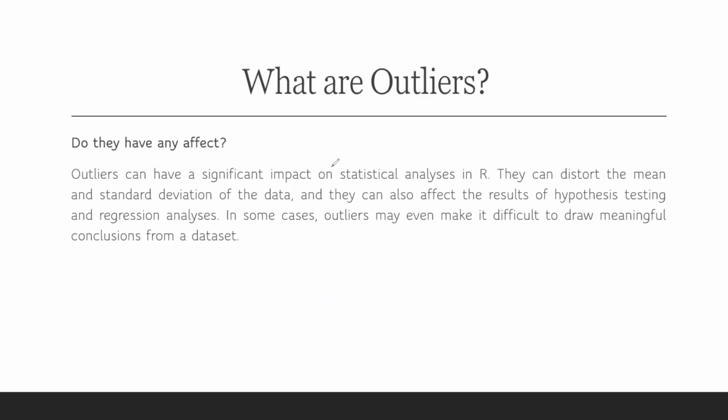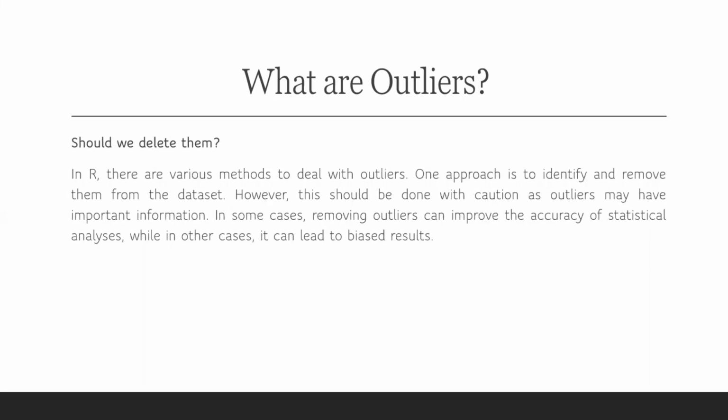So now let's move forward. Should we delete them? No. In R, there are various methods to deal with outliers. Sometimes they may contain important information, and sometimes they're just random or strange observations in the dataset that are the result of mistakes or errors. So we have to carefully deal with them.